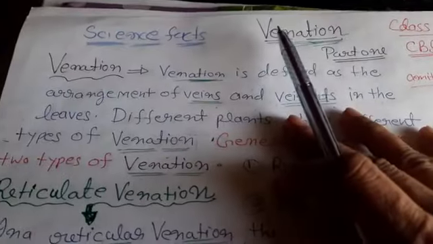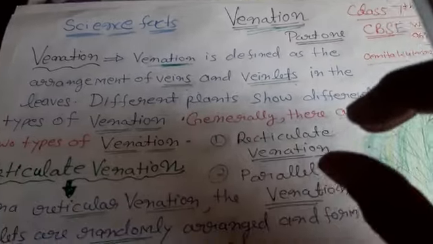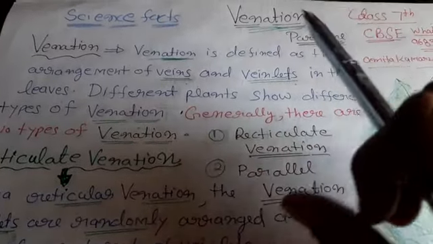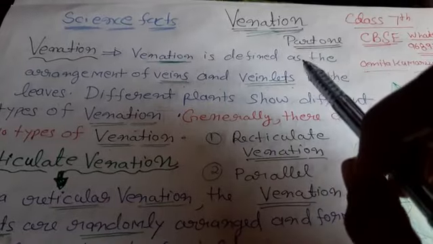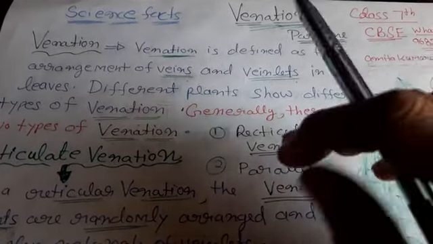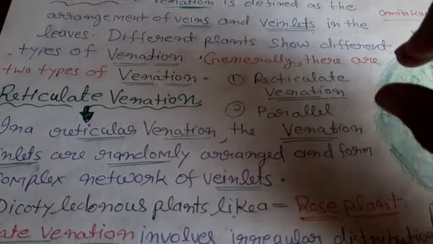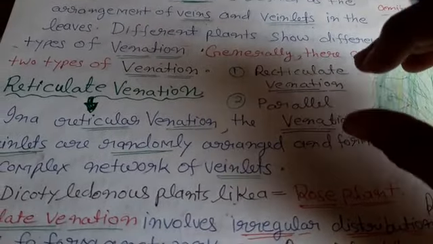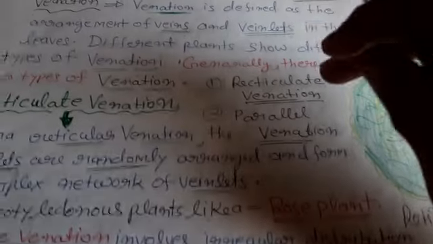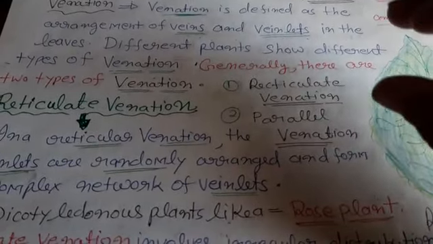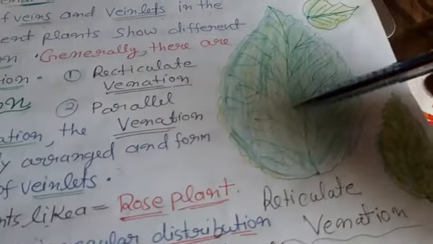So we will finish this video, a very interesting topic. Venation is a feature found in the leaves of dicotyledonous plants like rose, hibiscus, mango, and papaya. Reticulate venation is an irregular arrangement of veins and veinlets.